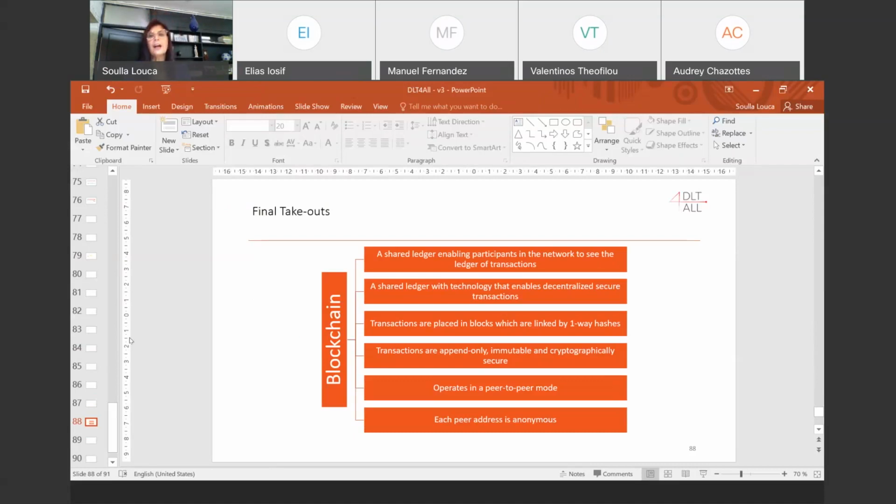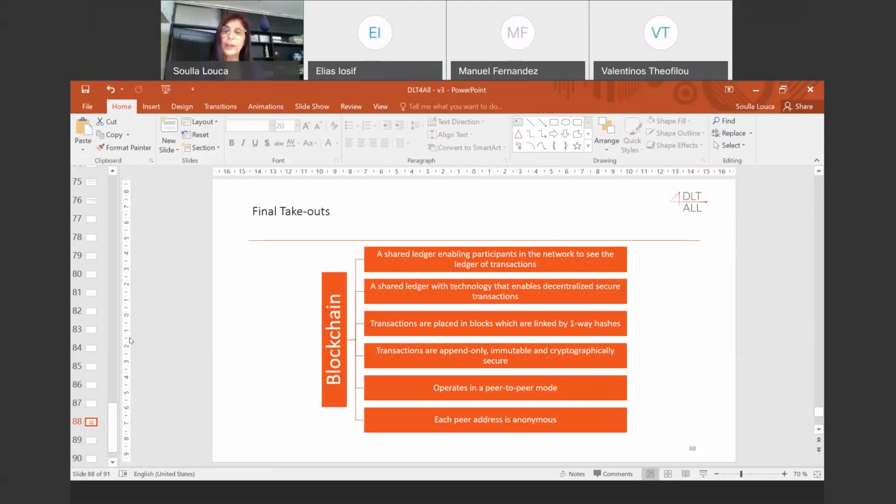Some final takeaways. In terms of blockchain, what you need to remember is that blockchain is a shared ledger that enables the various participants in the network to see all the transactions. It's a technology that enables decentralized, secure transactions without trusting a third party.